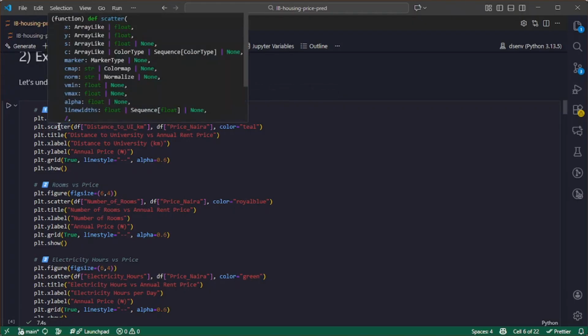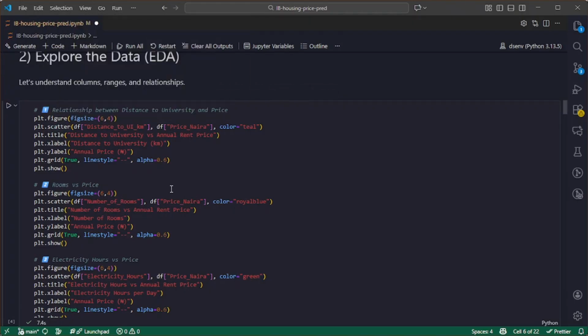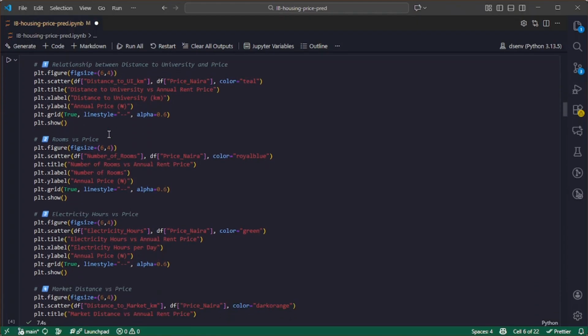So we are saying that I want a scatter plot, where I'm plotting the distance to university environment in kilometers versus the annual price in naira, so versus the rent. This is basically to show the relationship between the distance to university and the annual rent price. We also do that for the number of rooms.